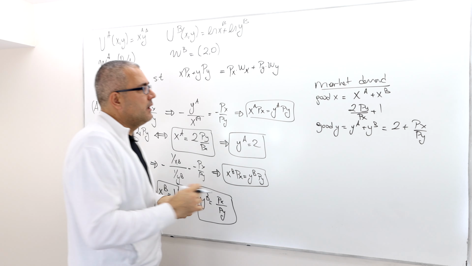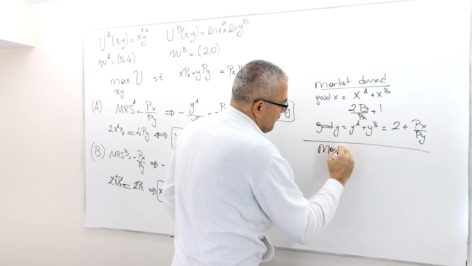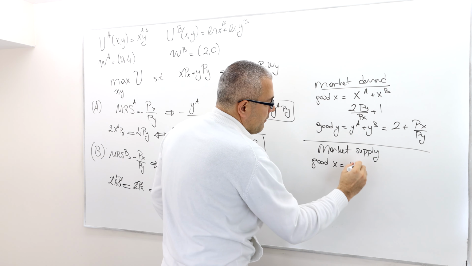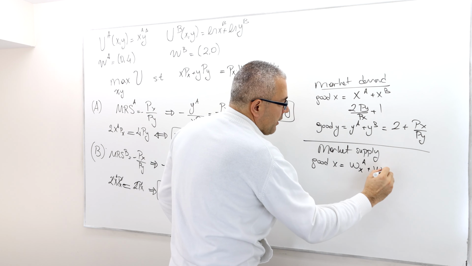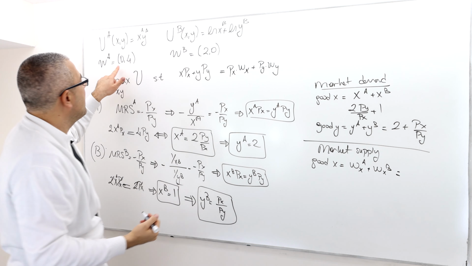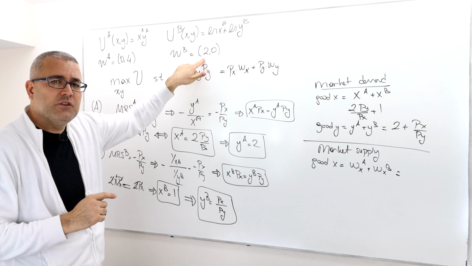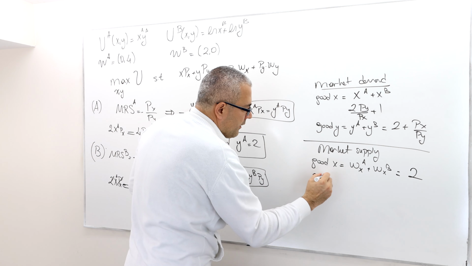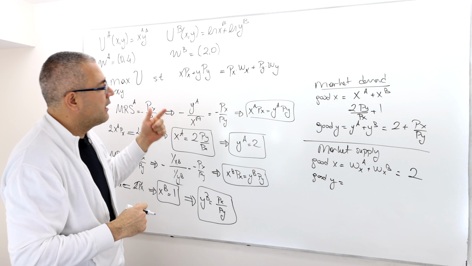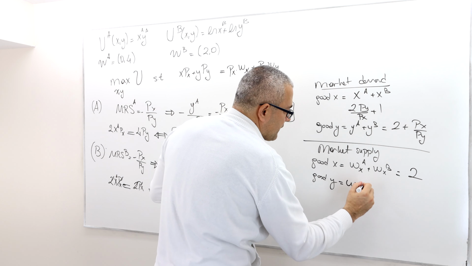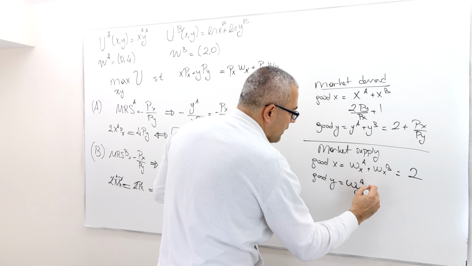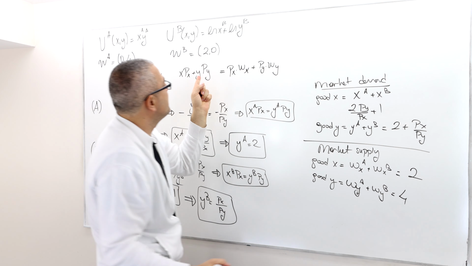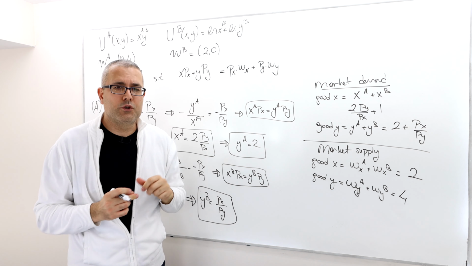So the market supply for good X is WXA plus WXB, which is agent A brings no good X, agent B brings 2 good X, so the total supply is going to be 2. Good Y is WYA plus WYB, so it's 4 plus 0, and so the total is 4 units of good Y.